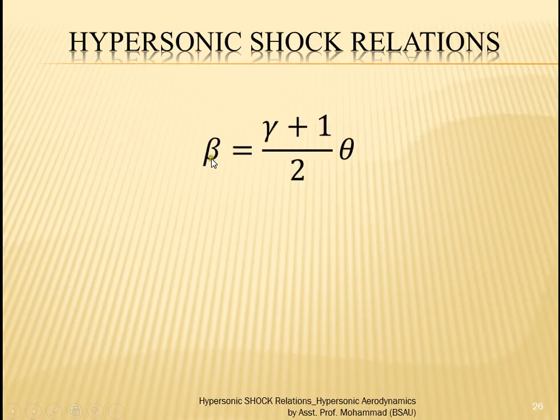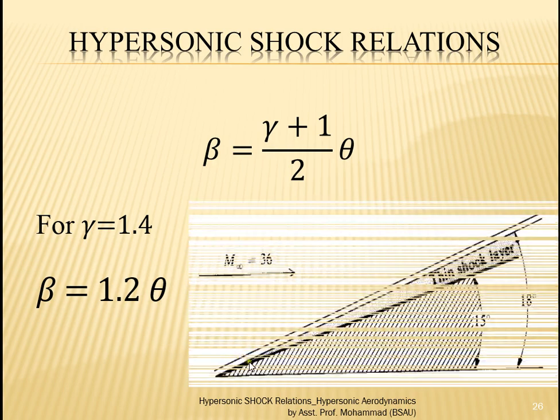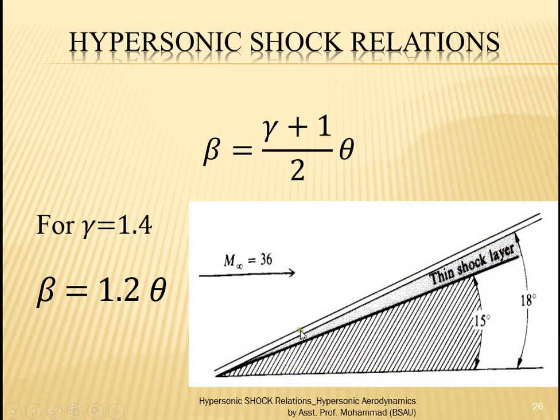Again we are writing this in terms of beta. For gamma equal to 1.4, we find that beta is just 20% more than theta, so they are both very close to each other. This confirms our thin shock layer concept. One realistic value we saw earlier in this picture: for Mach number 36 and deflection angle 15 degrees, the shock angle is just 18 degrees.